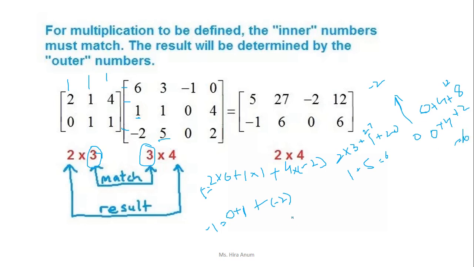Our answer becomes 5, 27, minus 2, 12, this is 6, this is 0, this is 6, this is minus 1.